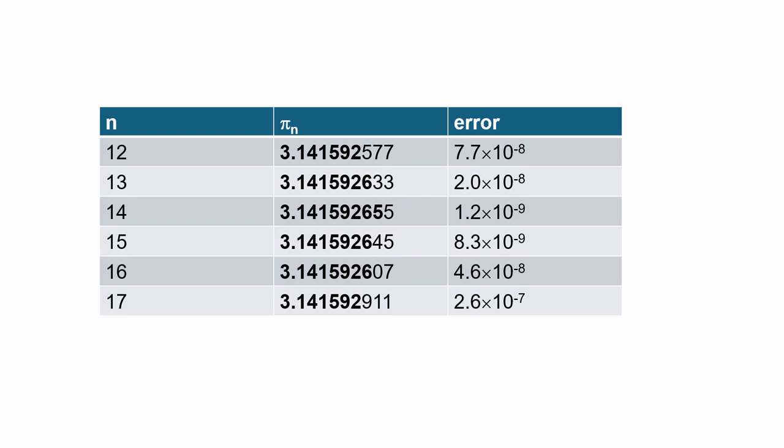So why is that? Well, there's a good reason for that, and that has to do with what we call rounding errors. So when you calculate numbers in Excel, they don't have an infinite accuracy or an infinite precision. They have a limited precision, around 15, 16 significant digits.